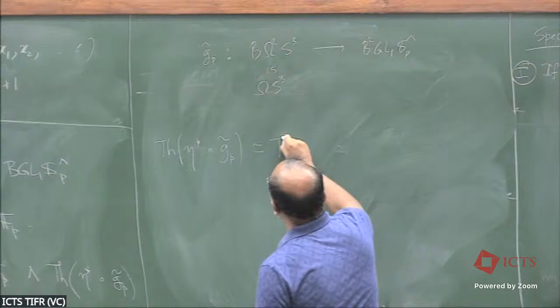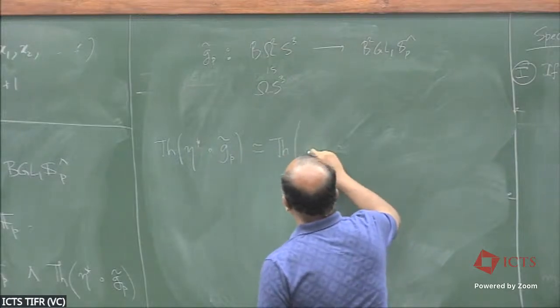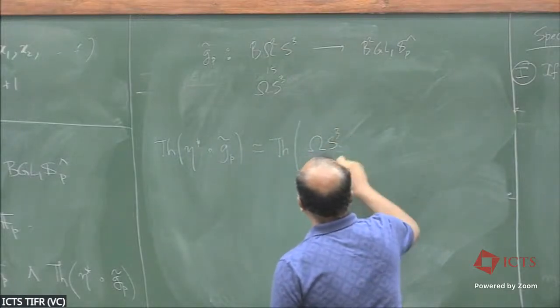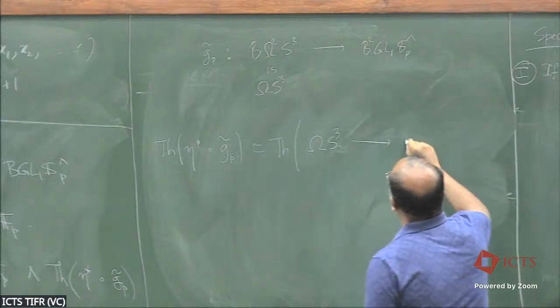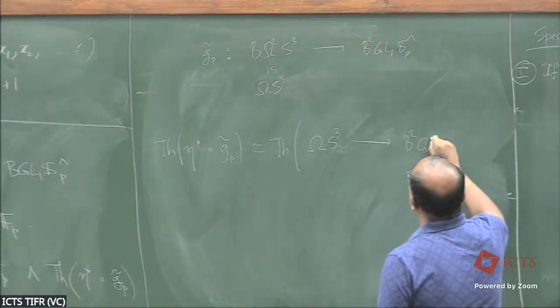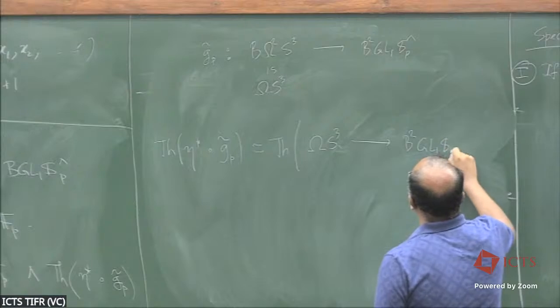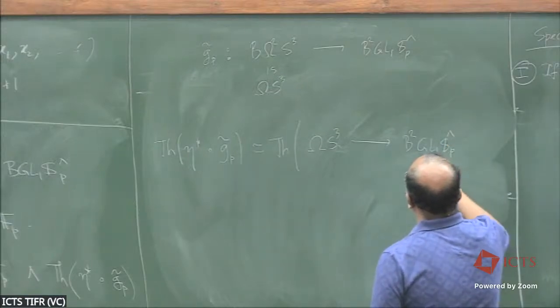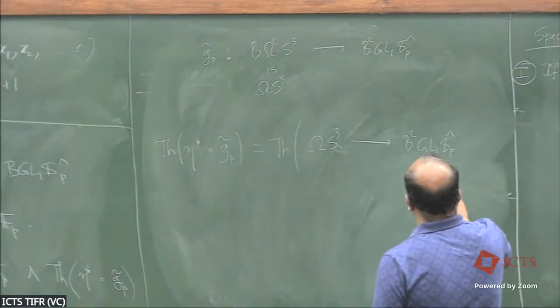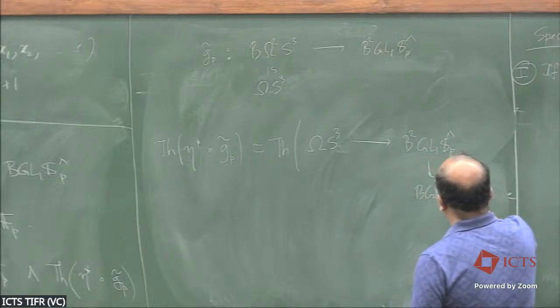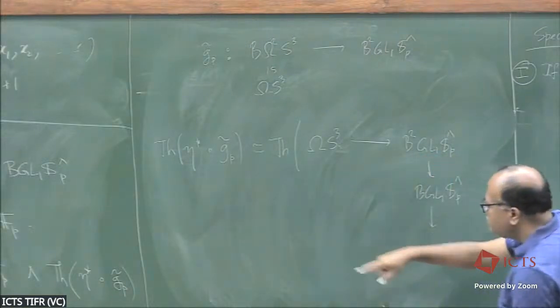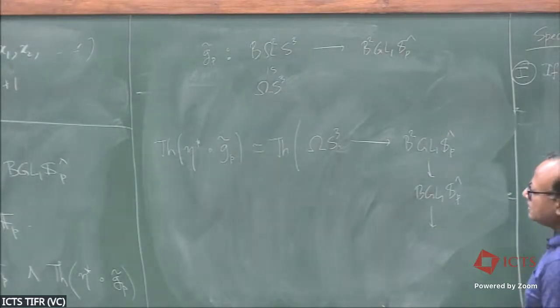So this is the Thom spectrum of omega S3 to B square GL1 Sp hat to BGL1 Sp hat to the units of Fp.